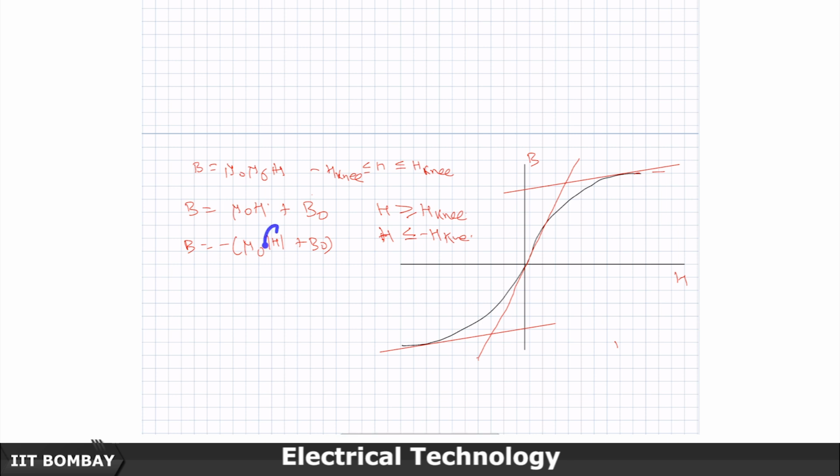So, then the h being negative, I have to use the mod of h, and then this B will come out to be properly negative. So, if I take the minus inside, then minus of mod of h in this direction is h itself, and this is valid for h less than minus of h knee.